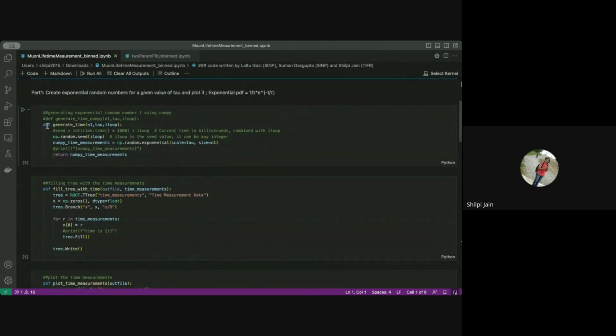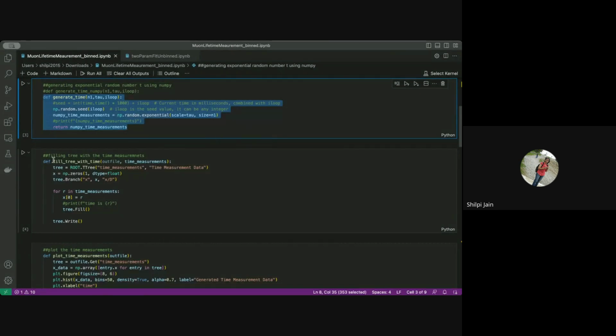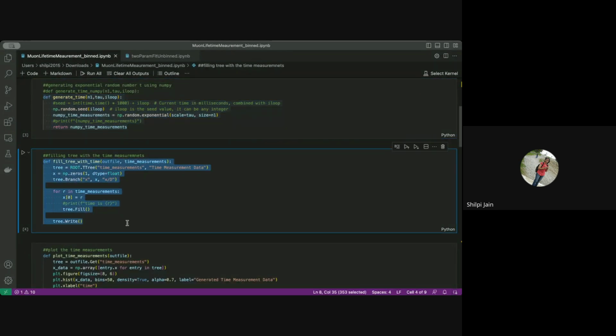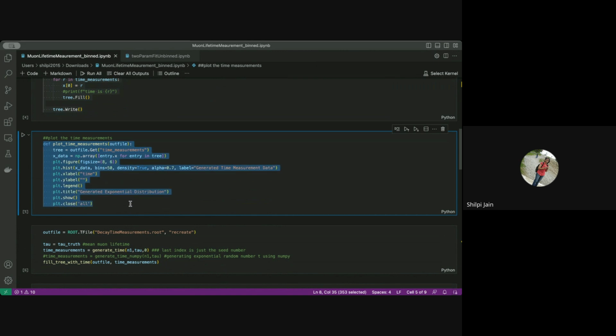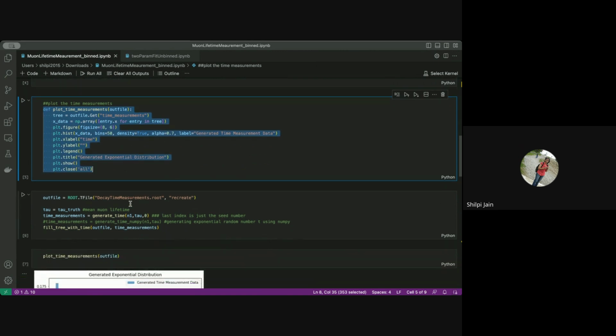So here it's just generating 5,000 values of random variables following exponential distribution with the tau parameter that you provide. This is just filling the random variables in a tree, and this is a small function that can just plot the histogram.